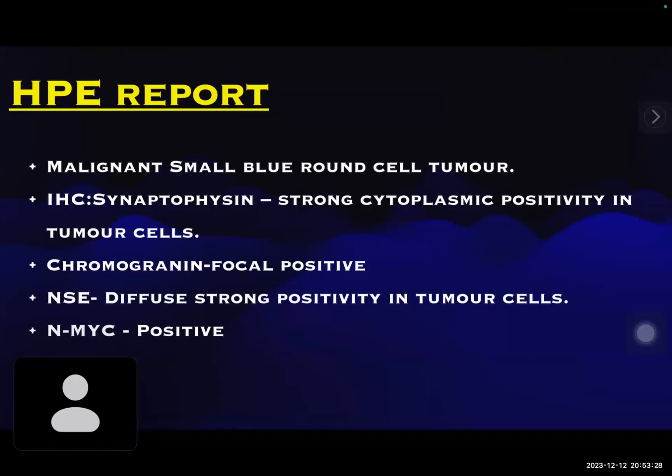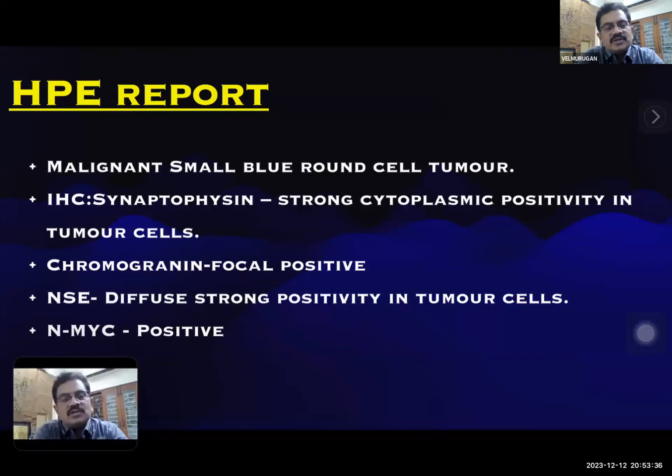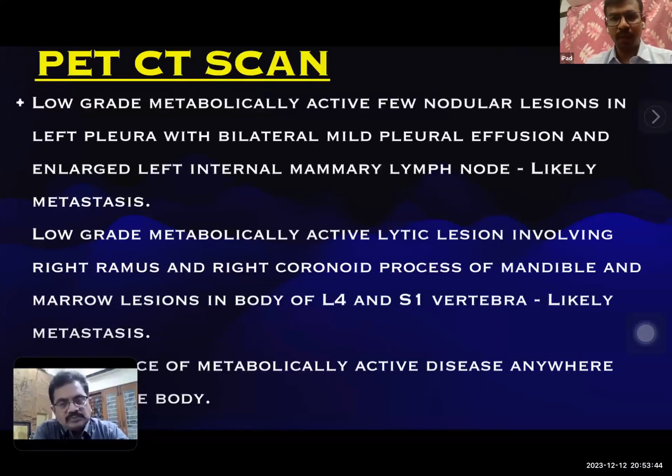So how will you stage the disease now, and what is the risk you will assign to this child with all these findings? With all these findings, actually the PET findings were there, sir. PET findings showed metabolically active lesions over the ramus. So it comes under M stage of INRGSS.